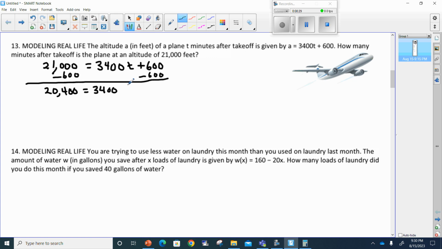Okay, now I've got to get 3,400 away from T. I'll divide it away. Whatever I divide from one side, I divide from the other.